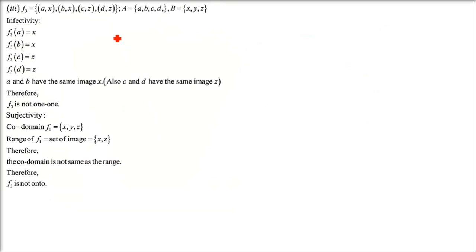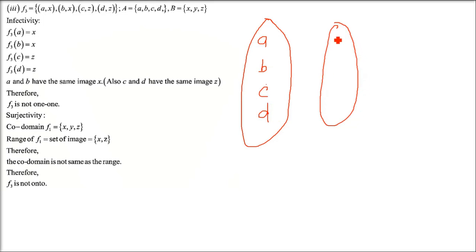So 1-1 onto. Third one, we have a, b, c, d as the set A. My handwriting is really good, so don't comment on it, okay? Please bear with me. a, b, c, d is the first set and the second set is x, y, z, w. a is related to x, b to x, but here we see a problem. c to z and d to z.